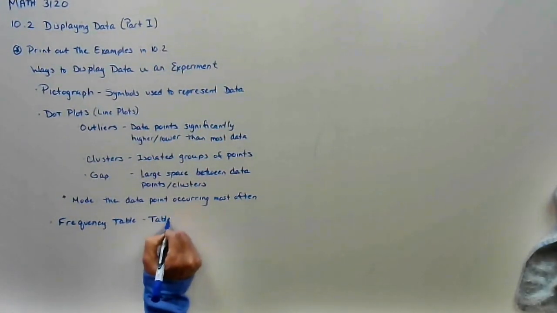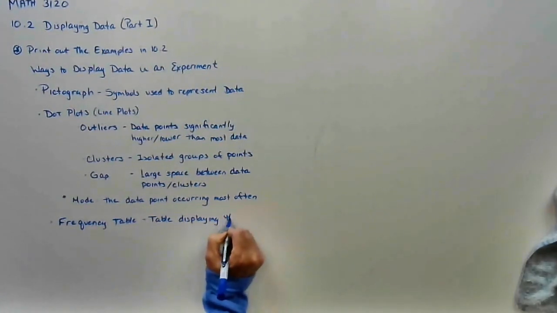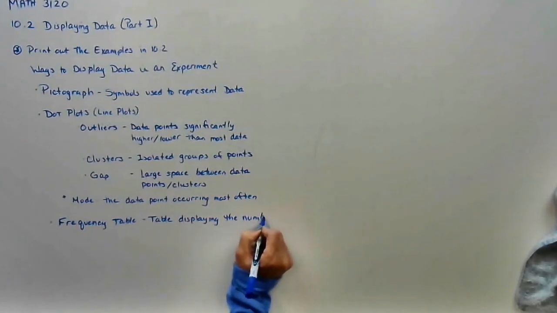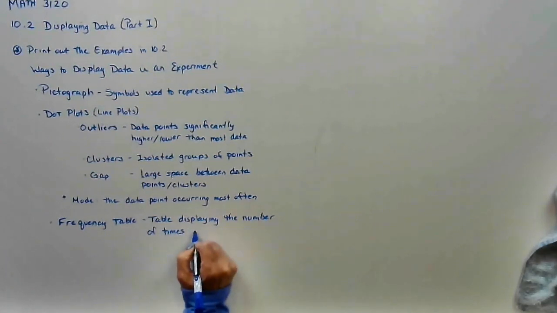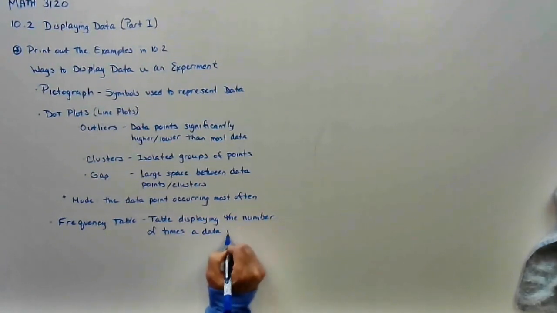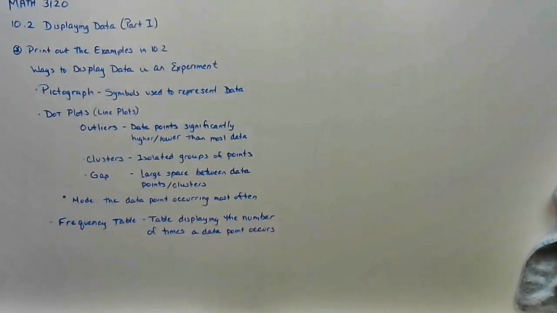So it's a table of the number of times a data point occurs. In the last section, we talked about the question you might ask a kindergarten class: how many pets do you have in your household? The table of student number 1, student number 2, student number 3, that table would be a frequency table. How often, or how frequently, did it happen?